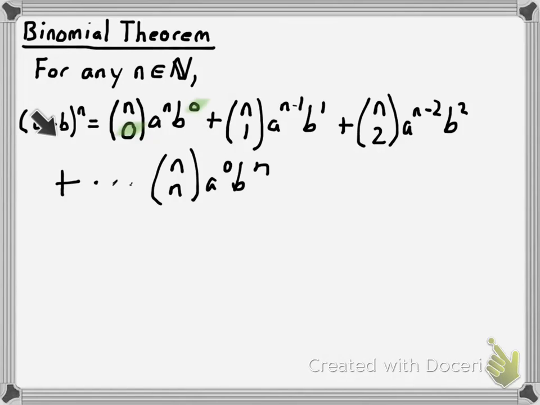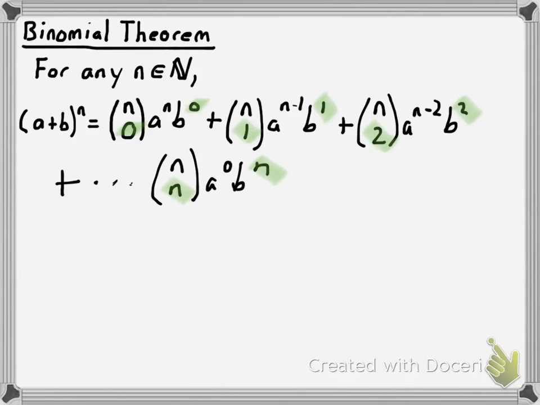And then whatever the second term in your binomial is, we're counting up, starting at b to the 0 power, then b to the first power, then b to the second power, and so on and so forth, okay? Now, again, this number right here matches with whatever the exponent for your second term is. You can see the zeros match up, the ones match up, the twos match up, and so forth. The n's match up as well.